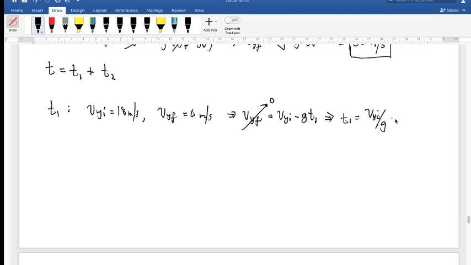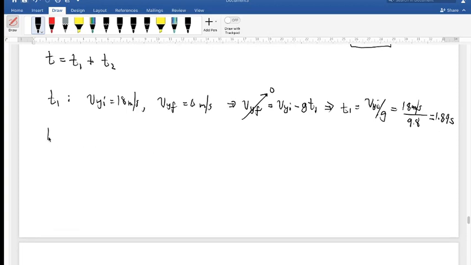Okay, so we have here 18 meters per second divided by 9.8 is equal to, that is 1.84 seconds.